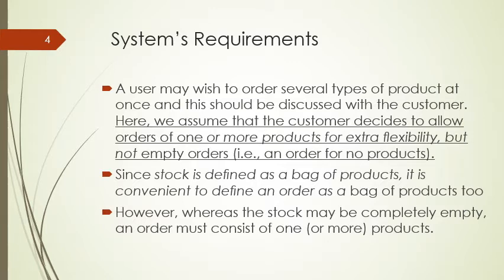Since stock is defined as a bag of products, it is convenient to define an order as a bag of products too, whereas the stock may be completely empty and an order must consist of one or more products.